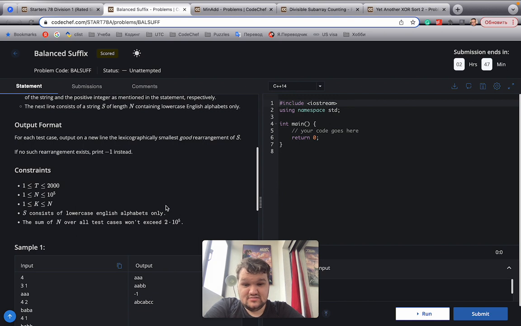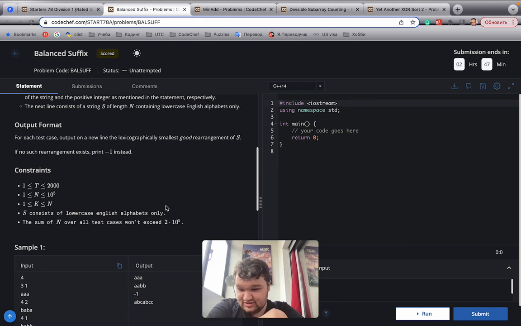But that's okay, because we can also maintain a set of all characters that are still there, and just assign it here.